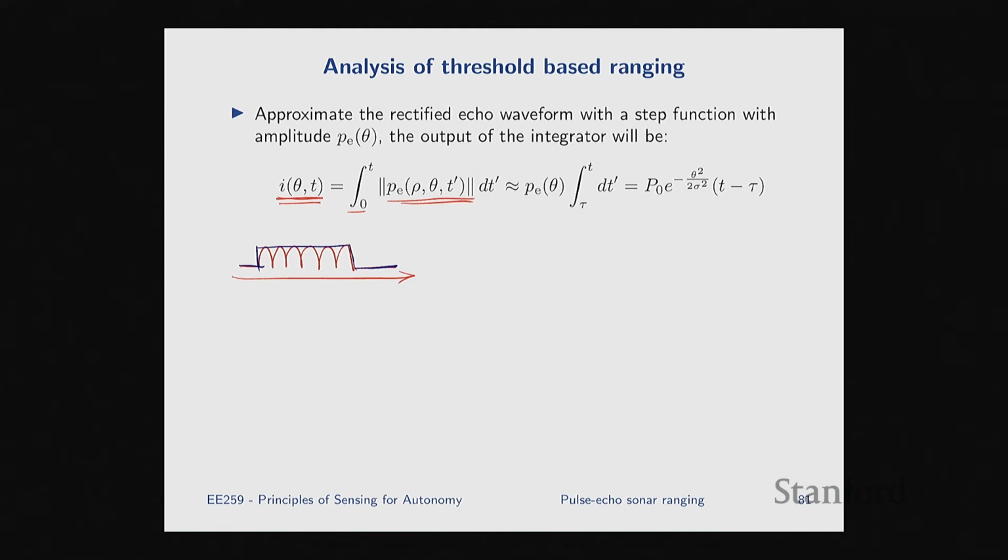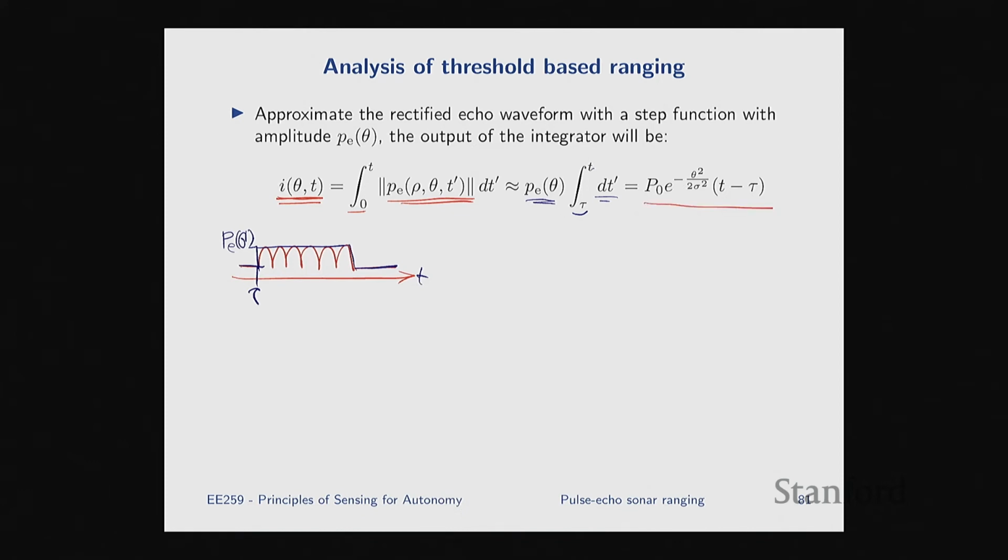So the amplitude, we call that just P echo of theta. We take that out of the integral, and the integral starts at time tau, which is the time of arrival of the pulse, and we're integrating over t. So you integrate from tau to t of just t. The result is basically this.